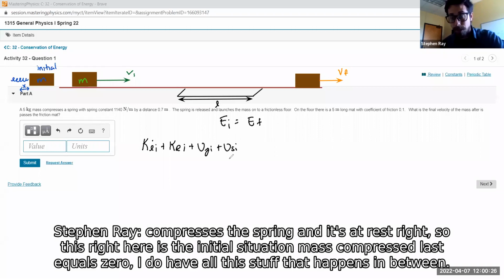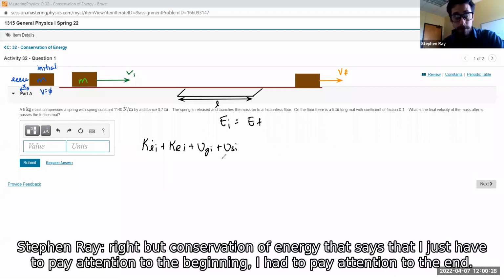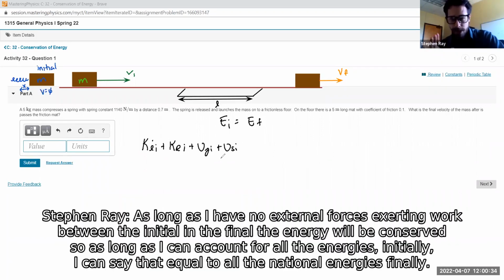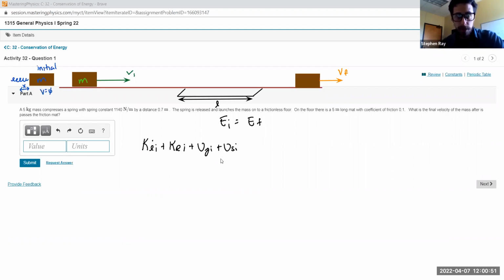I do have all this stuff that happens in between, but conservation of energy just says that I only have to pay attention to the beginning and the end. As long as I have no external forces exerting work between the initial and the final, the energy will be conserved. So as long as I can account for all the energies initially, I can say that's equal to all the energies finally.